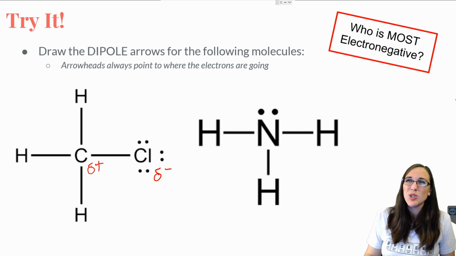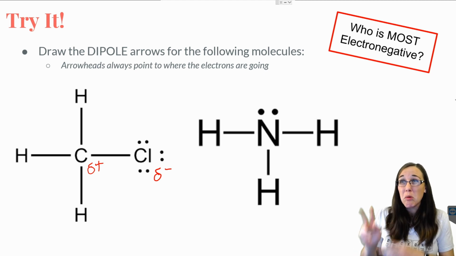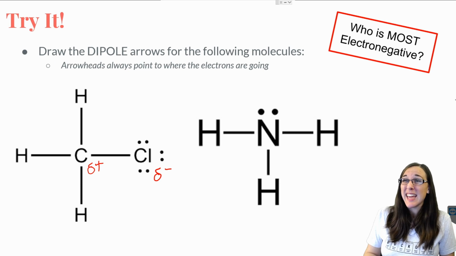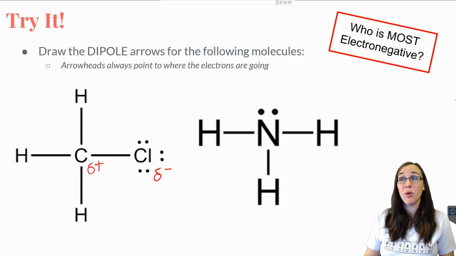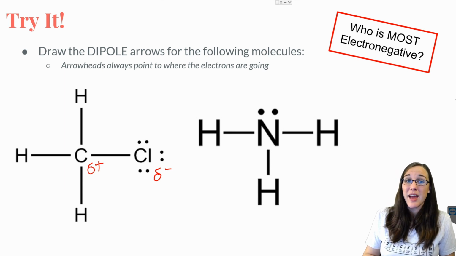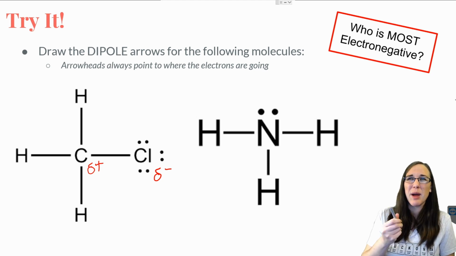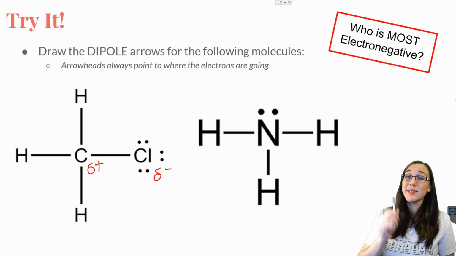Well, between those two, carbon would be more electronegative than hydrogen would, but in this case, we're only really caring about the huge difference between the more electronegative atom and the carbon. The reason for that is because carbons and hydrogens are nonpolar, which we will get to in a second. So hold on to that thought. If you're going, wait a second, why don't we care? Hold on to that. We're going to talk about nonpolar bonds next.